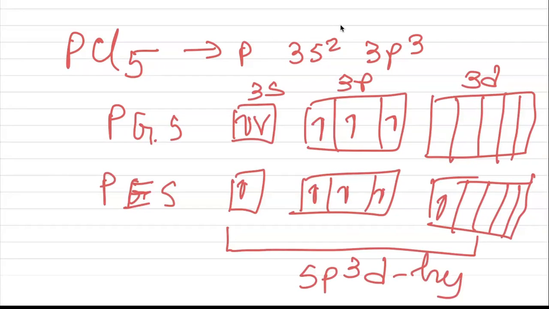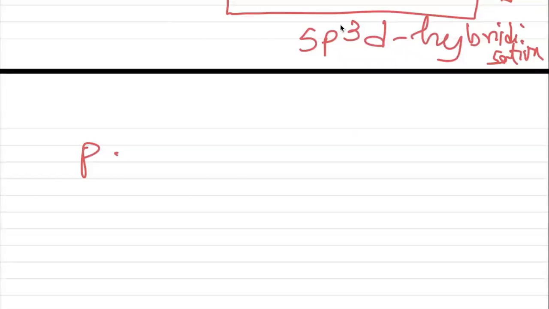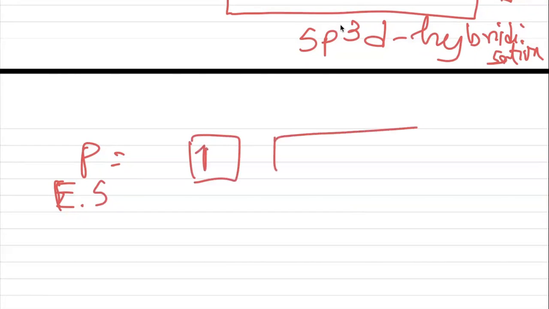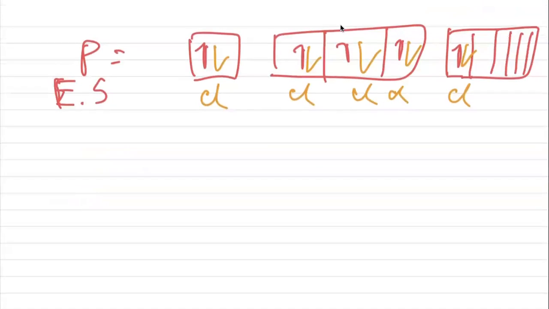So for phosphorus in the excited state, five fluorine atoms will form bonds with it, and it forms a structure like this.